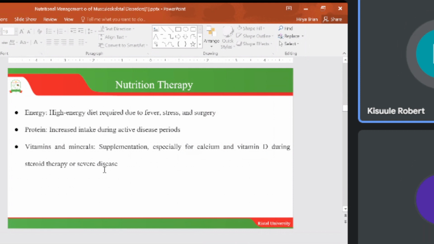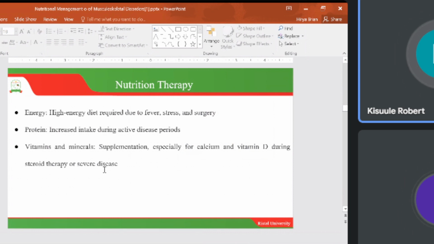This nutrition therapy can help us in managing rheumatoid arthritis. When we talk of energy, we are trying to increase the amount of energy that is required for us to do these day-to-day activities, and also required due to the fever that could happen, and also post surgery.